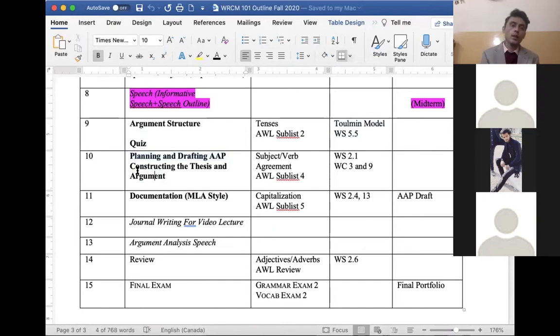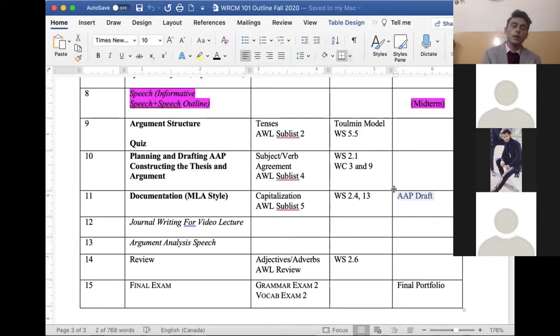But in the next class, actually next week, we will discuss how to construct the thesis and argument itself. We will also discuss what the MLA style of documentation is. And you can see over here, AAP draft due, which is due this coming Thursday.